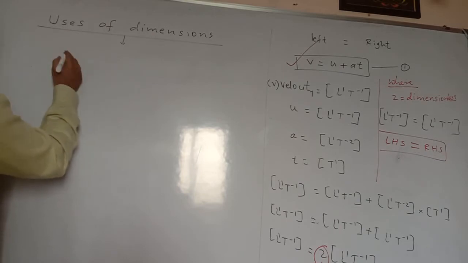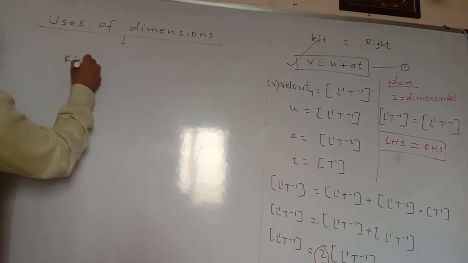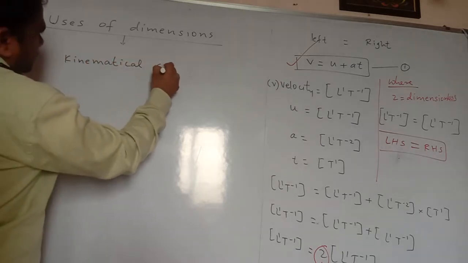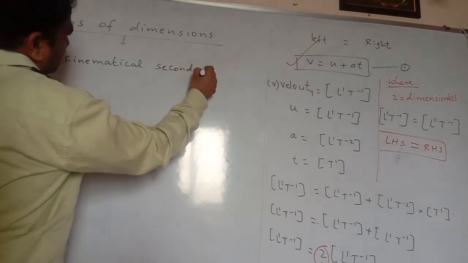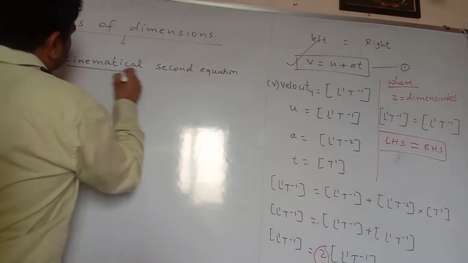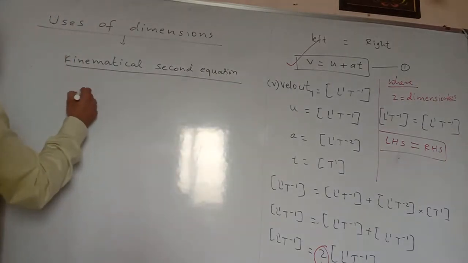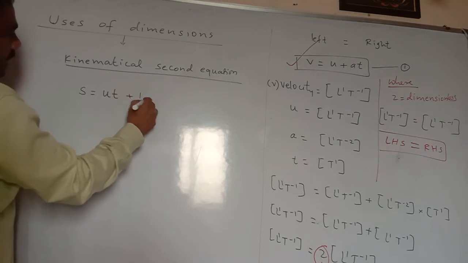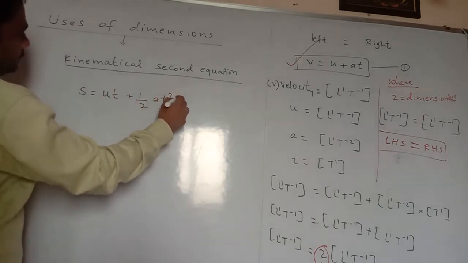Suppose the second kinematical equation. What is the second equation? S is equal to ut plus half at square.